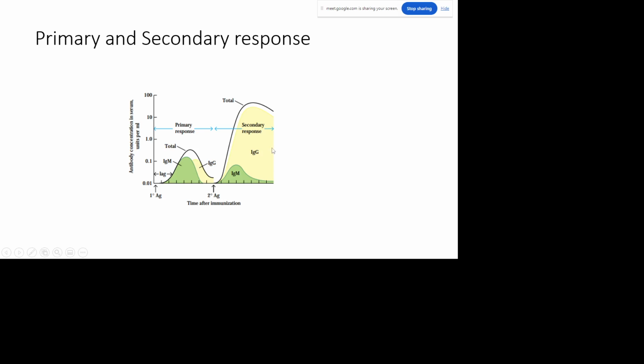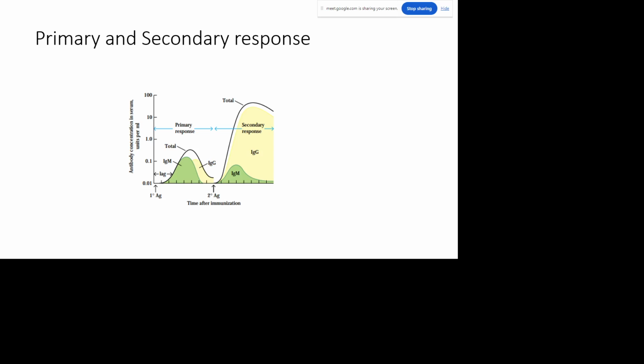The secondary IgG response is greater than the primary IgG response, because the primary response already creates the memory B cell, which has information for the antibody best suited for this antigen.